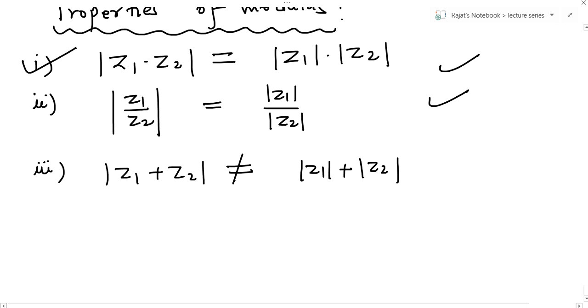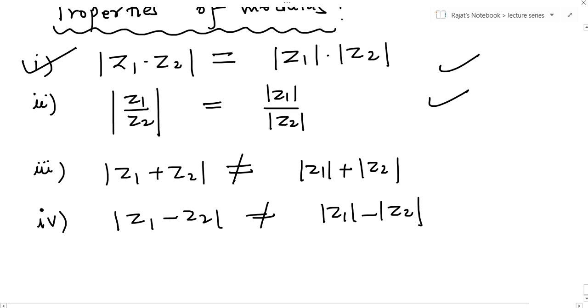So modulus you can distribute over multiplication or division, but you cannot distribute it over addition. Similarly, mod of z1 minus z2 is not equal to mod z1 minus mod z2. These two expressions are wrong.